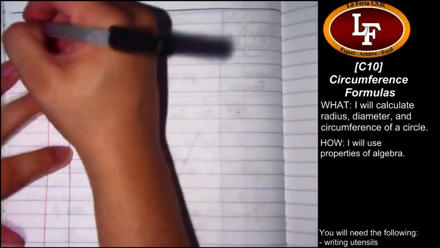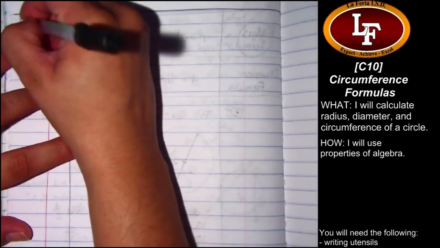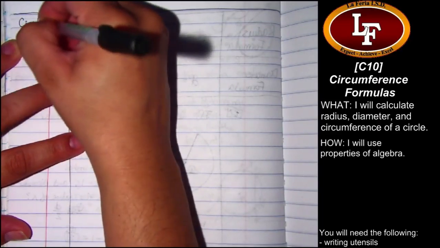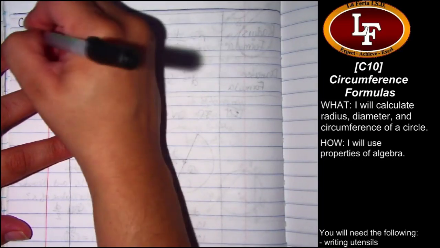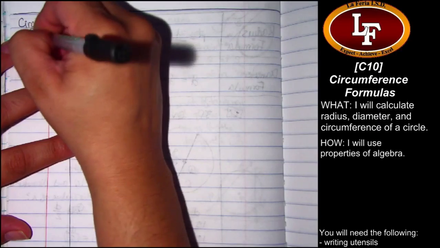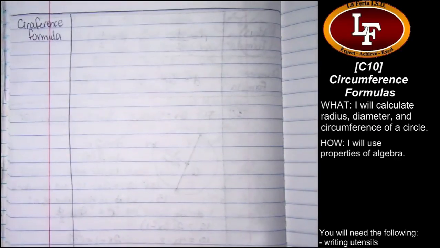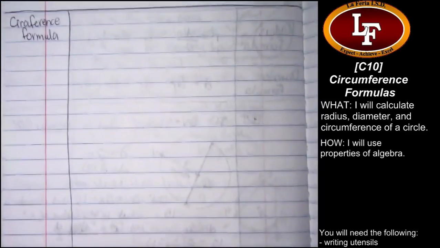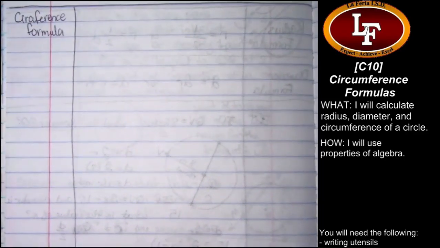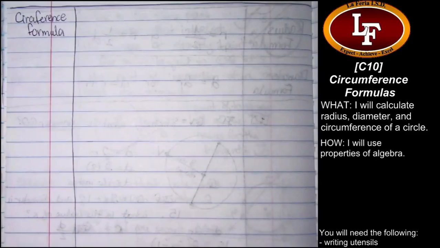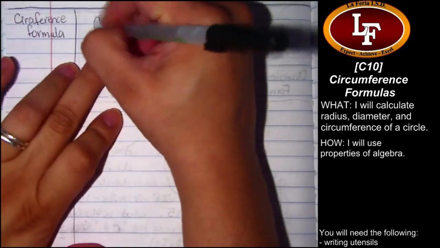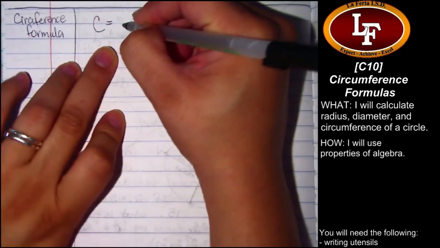All right, so I'd like to start off today's lesson looking at what the actual formula for the circumference of a circle is. Now, when we looked at the definitions earlier in the circle vocabulary, we noticed that the circumference was the distance all the way around the circle. And we calculate that by this setup.